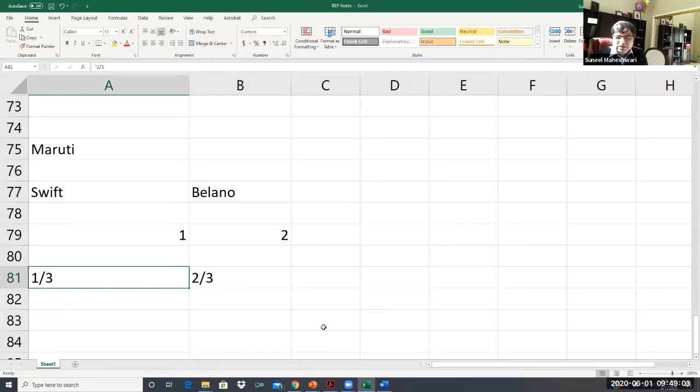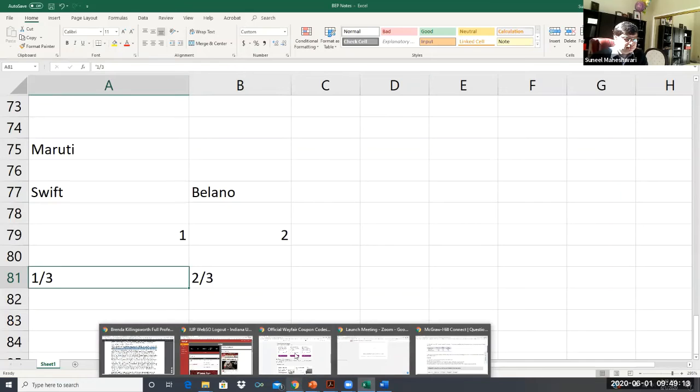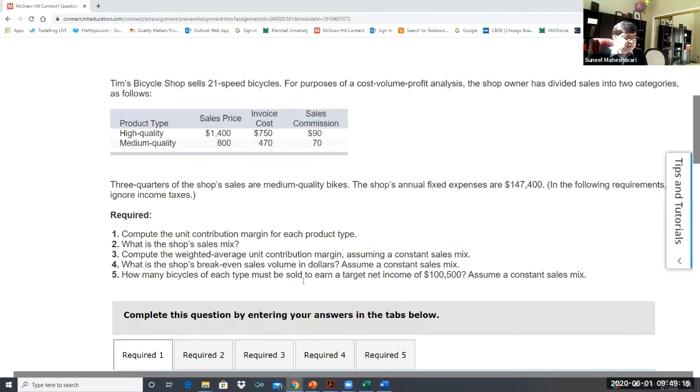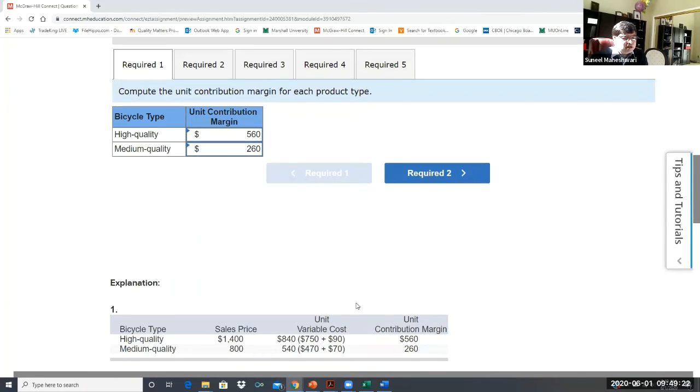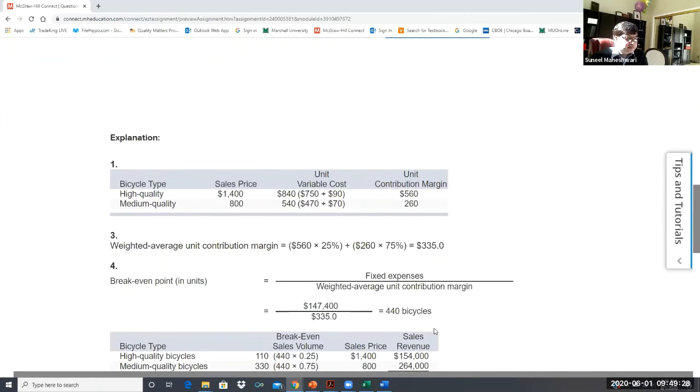For a given sales mix, there will be a unique break-even point. So first of all, is there any question on the contribution margin of 560 and 260? Okay.